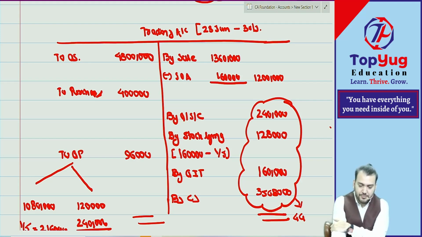What mistake we have done? 3,68,000 difference.